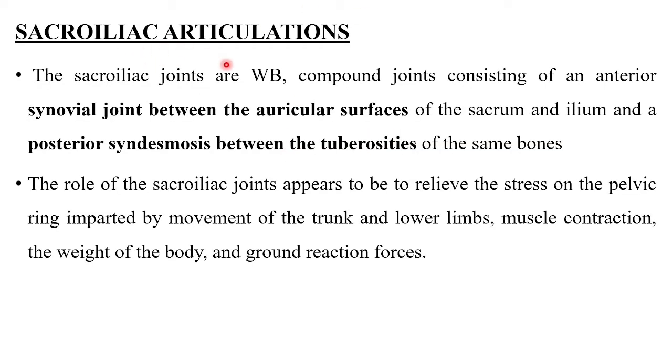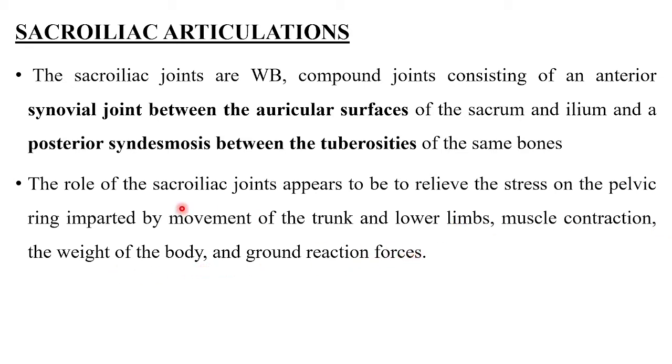So coming to the sacroiliac articulations, the sacroiliac joints are weight-bearing compound joints consisting of an anterior synovial joint between the auricular surface of the sacrum and ilium, and the posterior syndesmosis between the tuberosities of the ilium and the sacrum bone. The role of sacroiliac joints appears to be to relieve the stress on the pelvic ring imparted by the movement of the trunk and lower limbs, muscle contraction, the weight of the body, and the ground reaction forces.